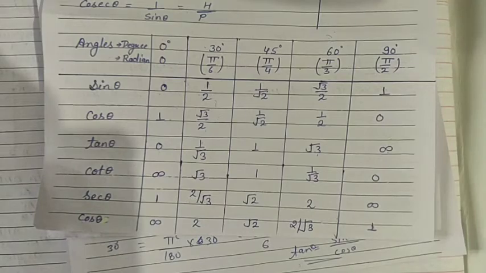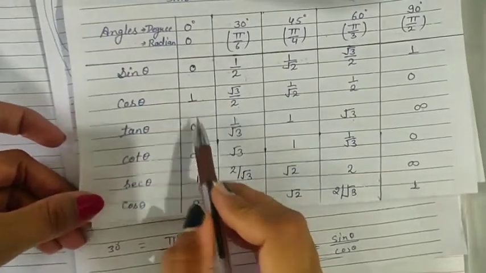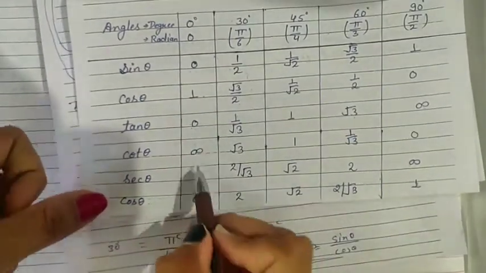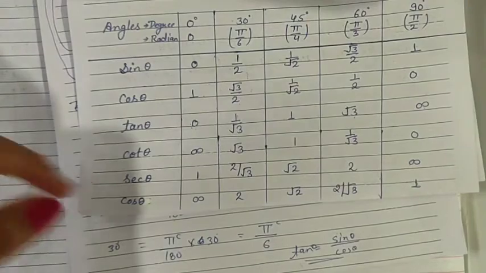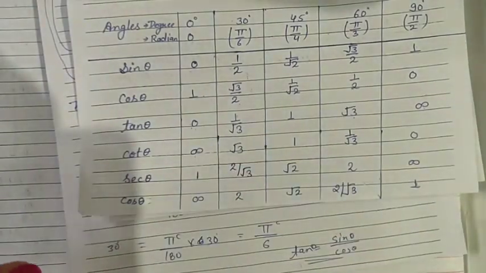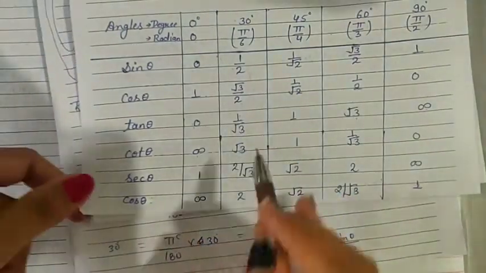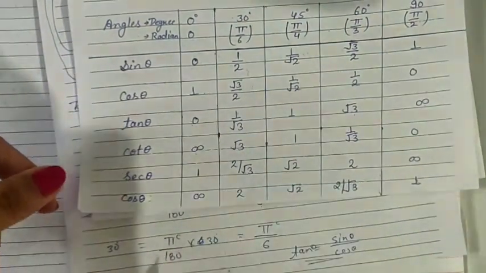Now we will find value of cot, and we know that cot is inverse of tan theta. When tan 0 degree is 0, then cot 0 is equals to 1 upon 0, and that is equals to infinite. And tan 30 is equals to 1 upon root 3, so cot 30 is equals to root 3.